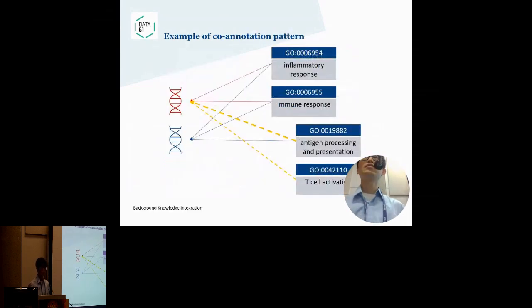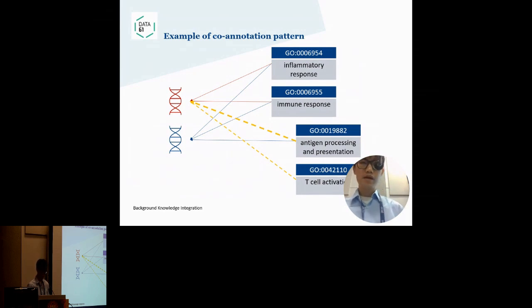The annotation co-occurrence refers to a group of gene ontology terms that are collectively assigned to the same gene product. From a biological perspective, genes that are of the same family or exhibit similar functions tend to have shared annotations.